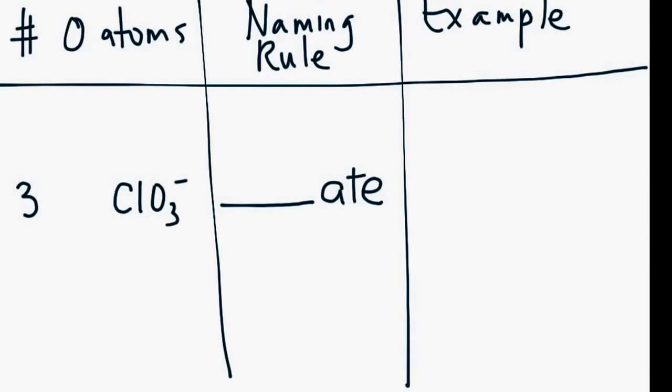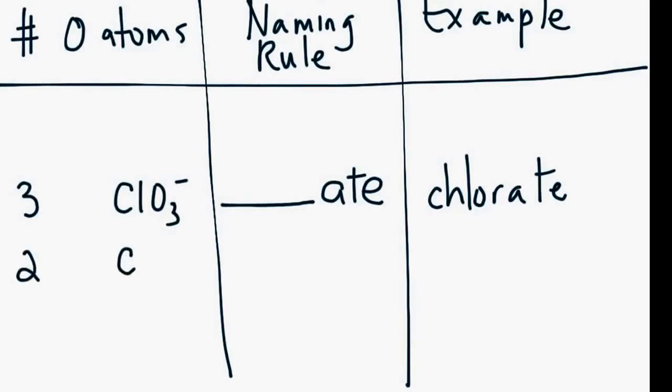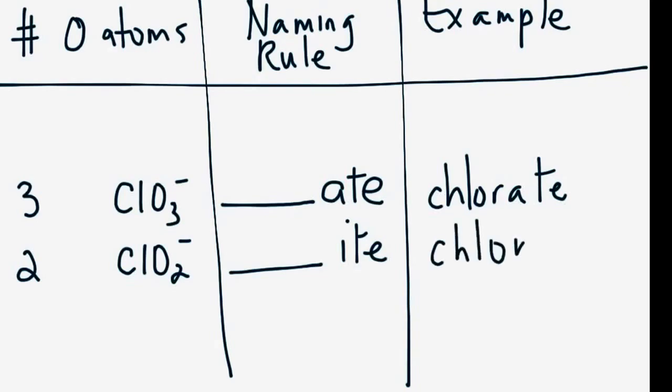So this would be called chlorate, the chlorate ion. If it has 2 oxygens, it is ClO2 1-. So the ending, again, like I've just explained, is ite. So this is chlorite.